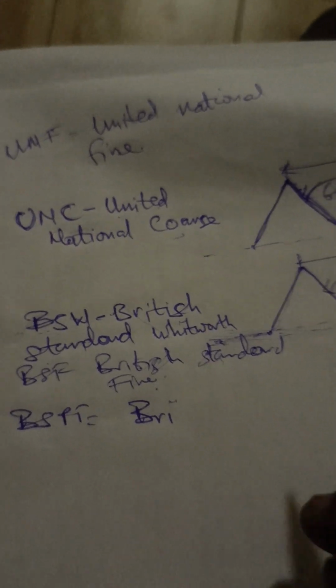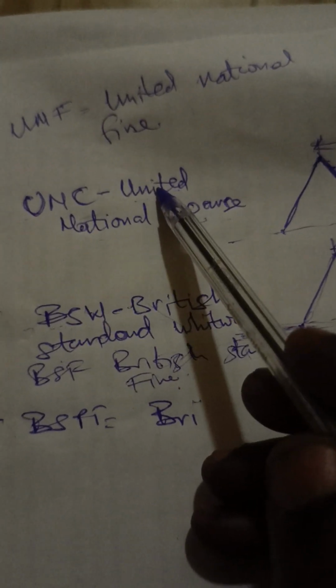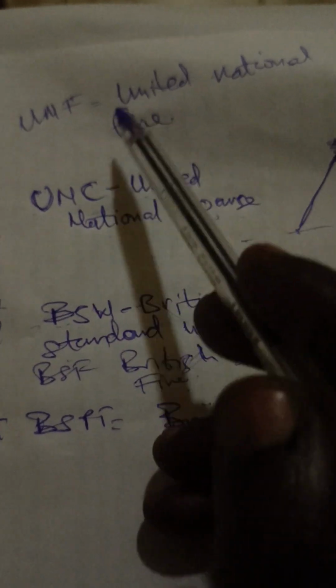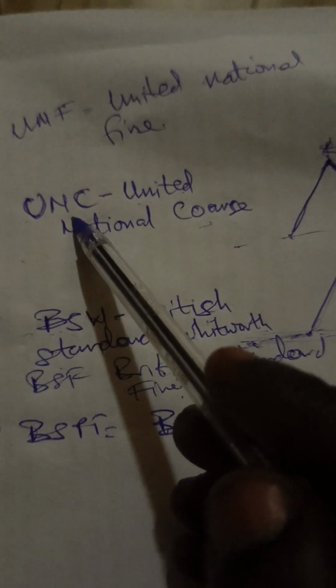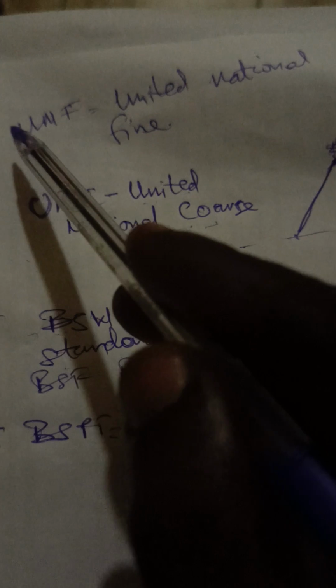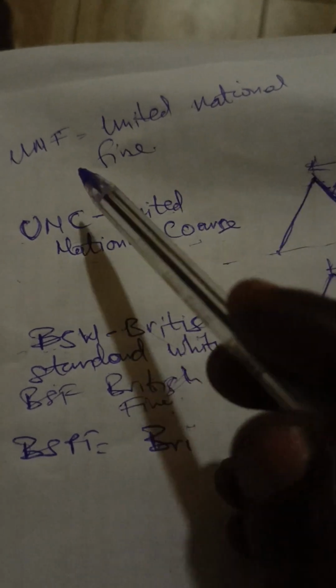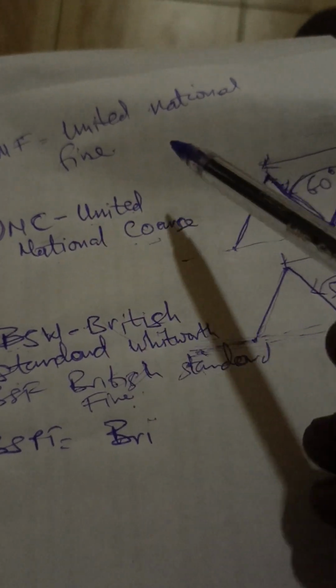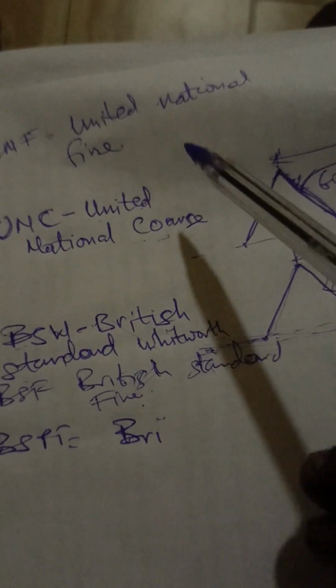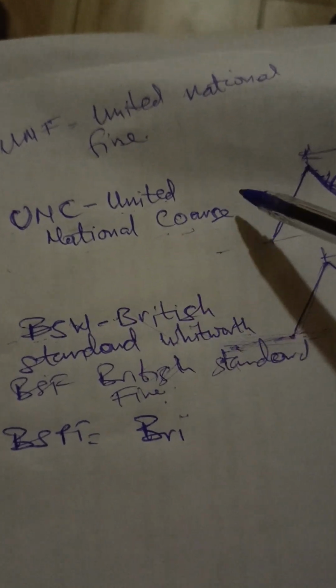Trade, we have UNC thread and we have UNF thread. UNC is the Unified National Coarse, and we have Unified National Fine. That's what you normally call it. The Unified National Fine, you normally call it the smooth thread, and the Unified National Coarse, you normally call it rough thread.